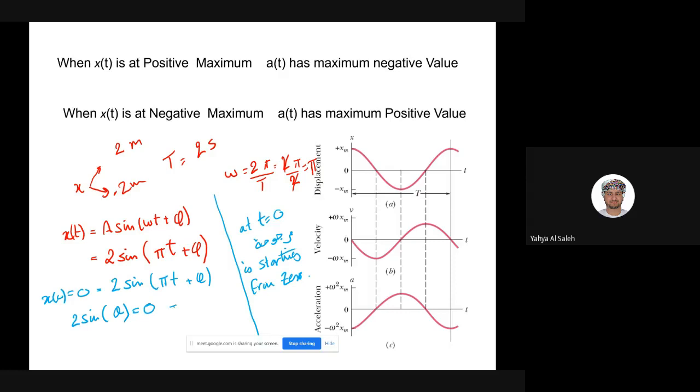What is my phi here? My phi here is sine inverse of 0, which is 0. So my full equation will be x of t equals 2 sine pi t plus 0, which is simply this.